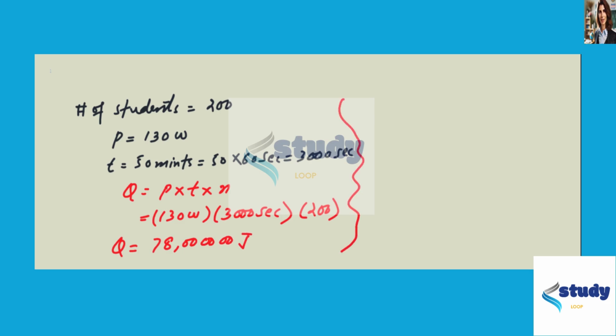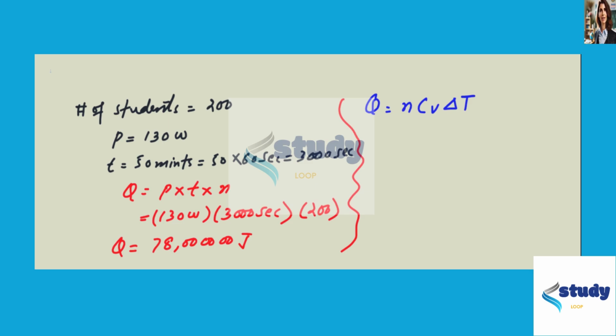Now by using the relation Q equal to n, that is number of moles, into molar specific heat at constant volume into change in temperature. By using the relation, we can easily calculate rise in temperature of air inside the classroom.